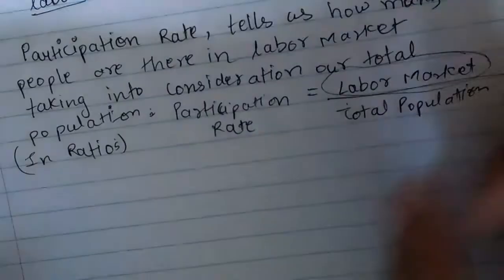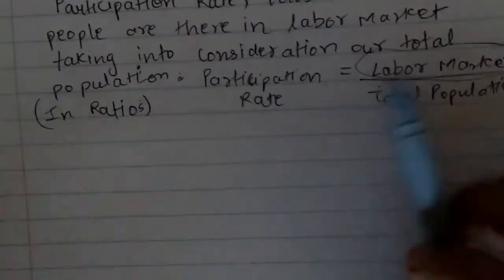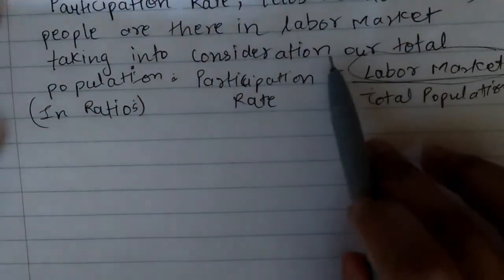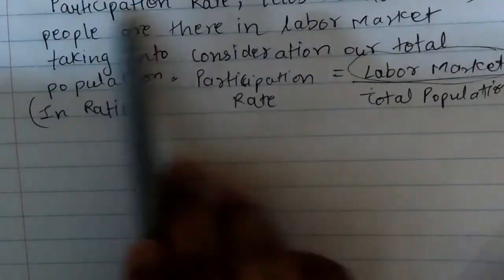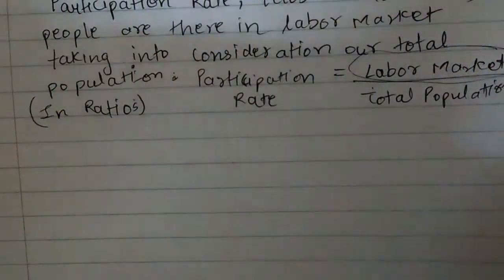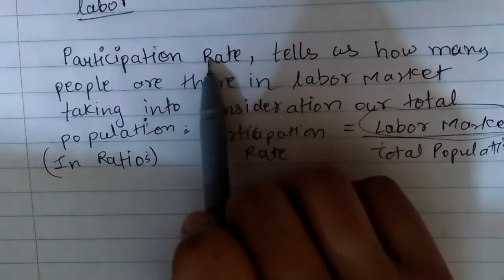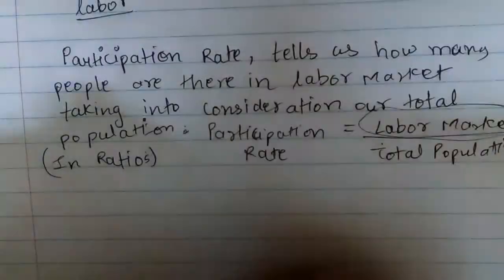People who participate as employed or unemployed in the labor market are considered in this participation rate. Now moving forward, we will understand more about the participation rate and its relation with the unemployment rate.